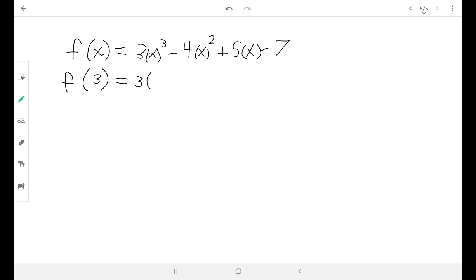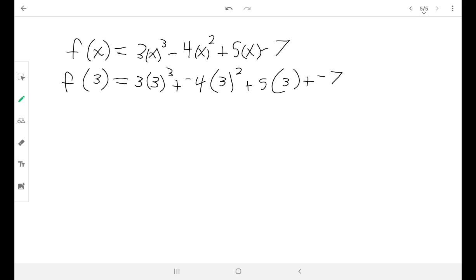So 3 parentheses 3 to the third. I'm going to take this minus and turn it into a plus negative. 4 parentheses 3 to the second plus 5 parentheses 3. This minus I'm also going to turn into a plus negative.